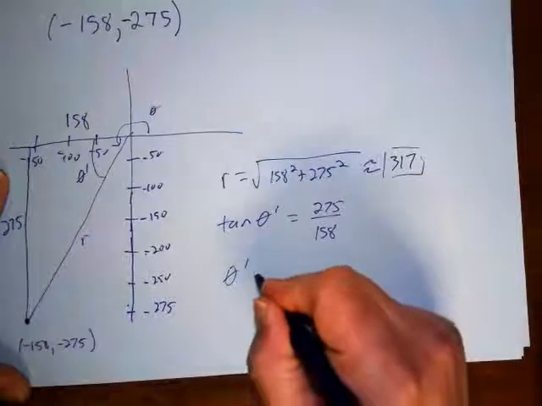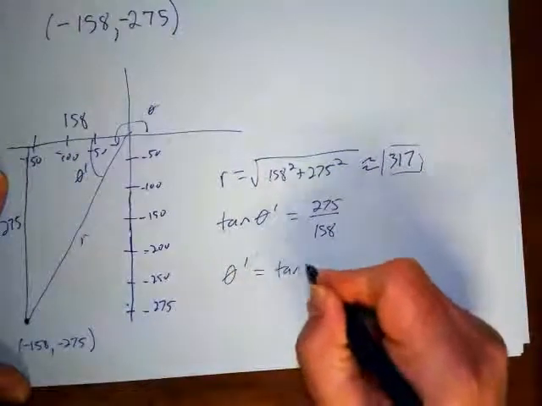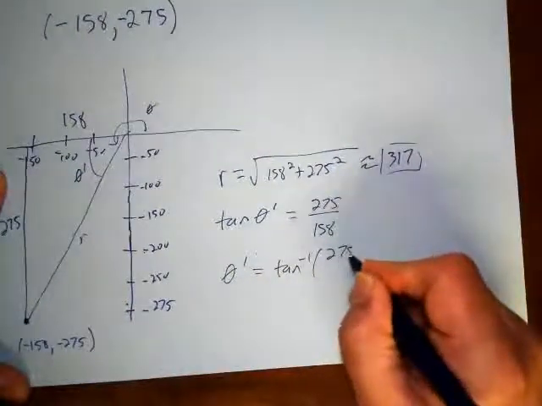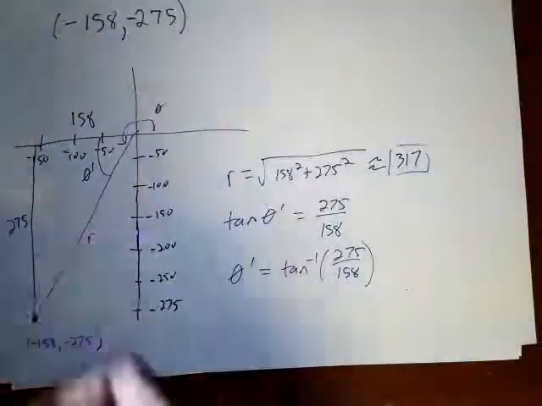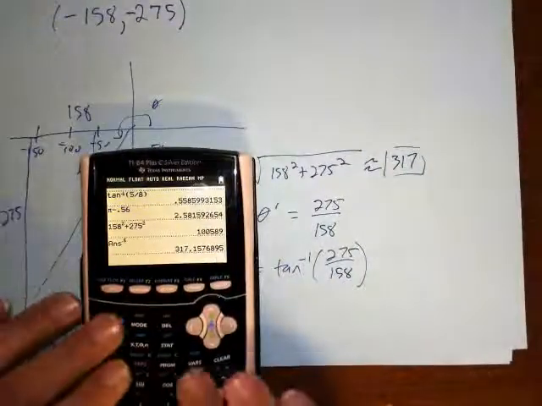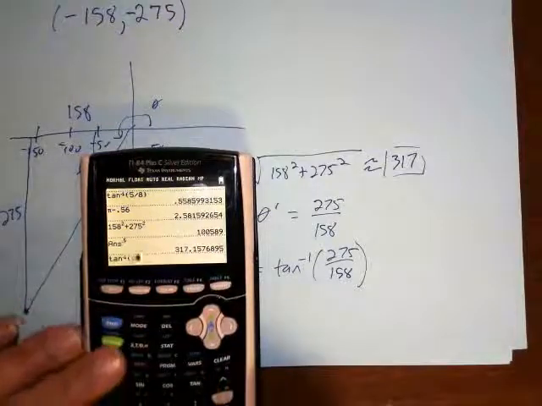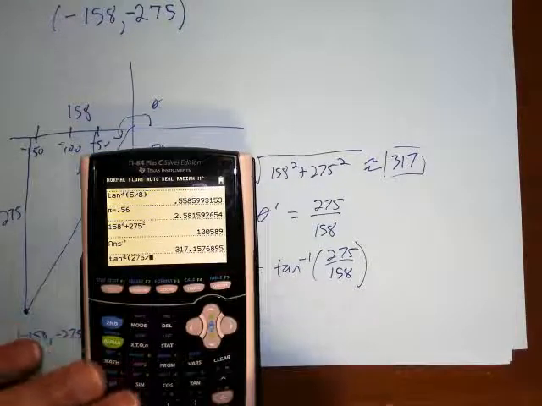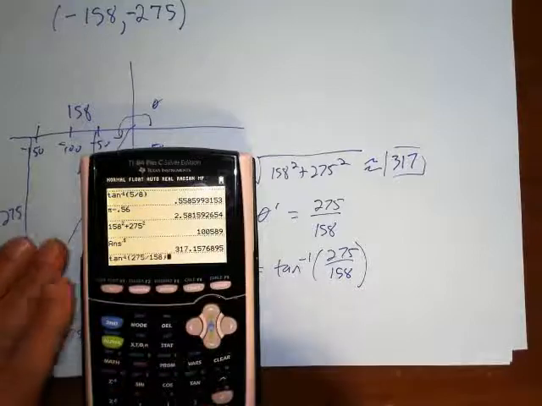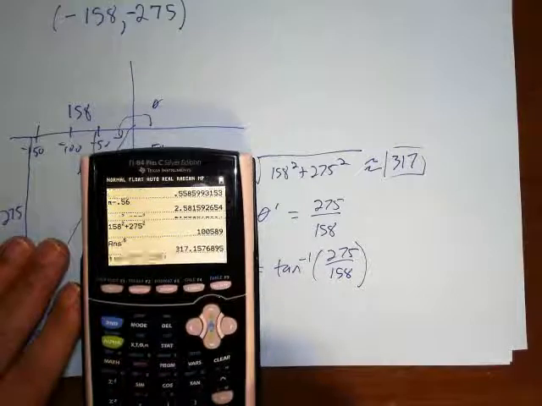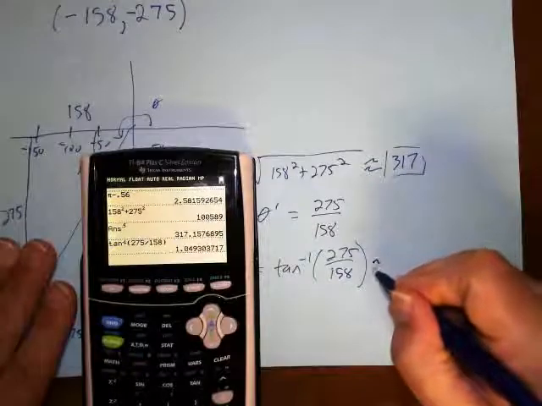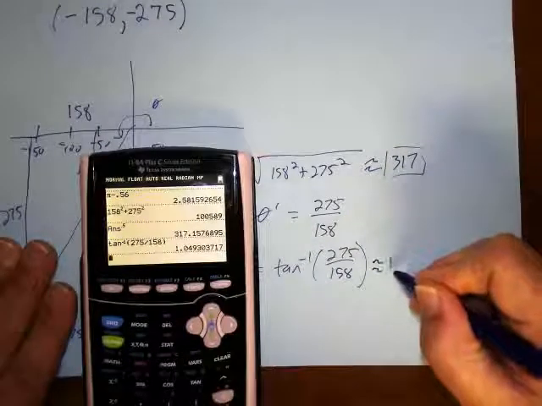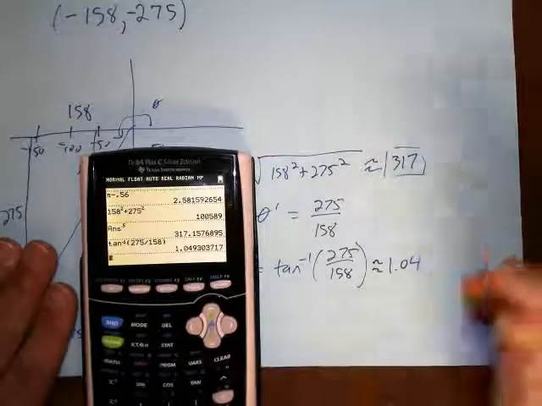So my theta prime is tangent inverse of 275 over 158. Okay, so we're going to do tangent inverse of 275 divided by 158. And then I'm going to get approximately 1.04.